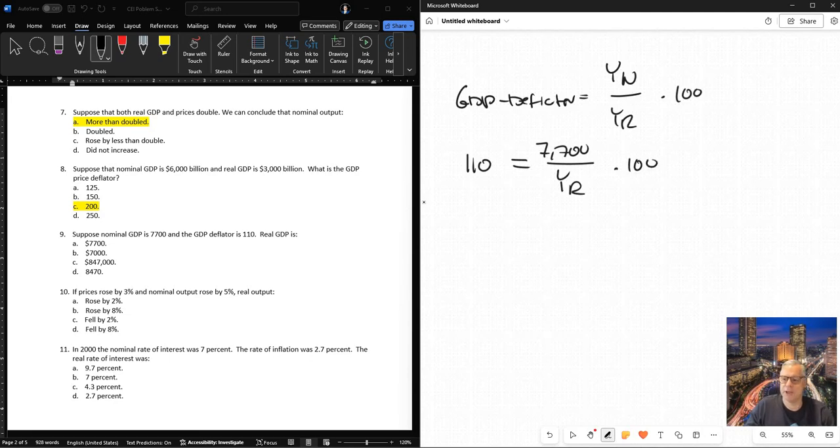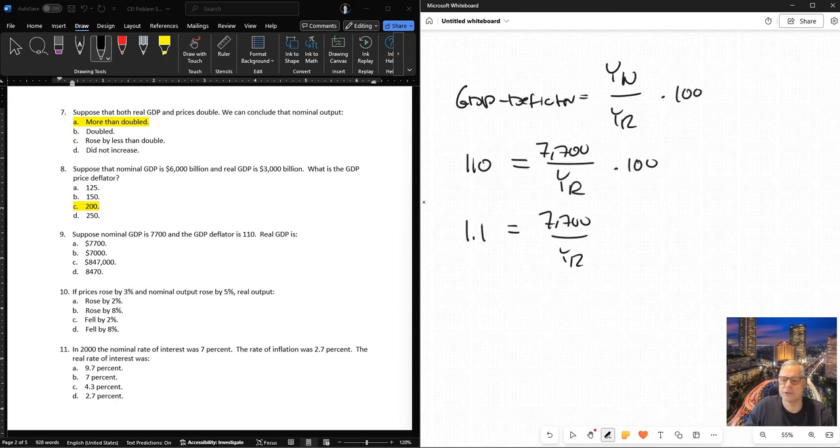Okay, let's first divide both sides by 100. Then I get 110 over 100, that's 1.1, equals 7,700 over the real GDP.